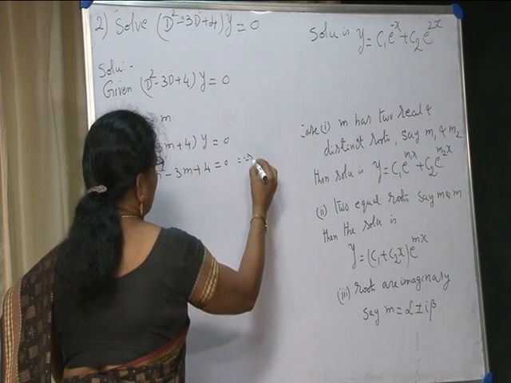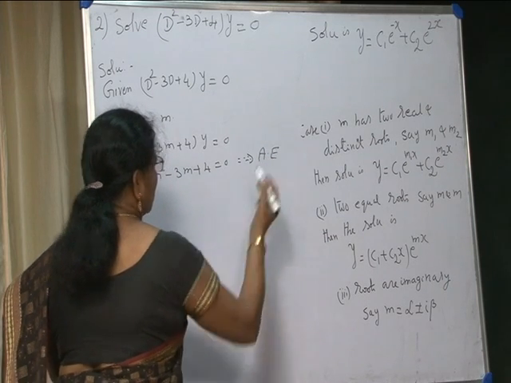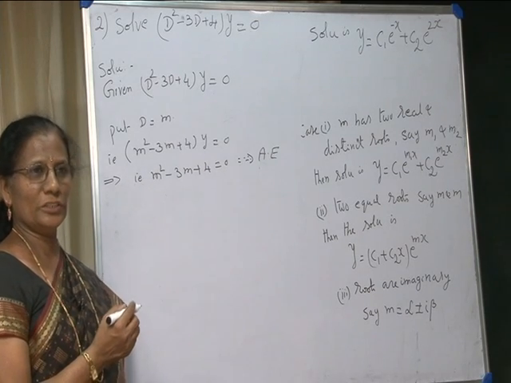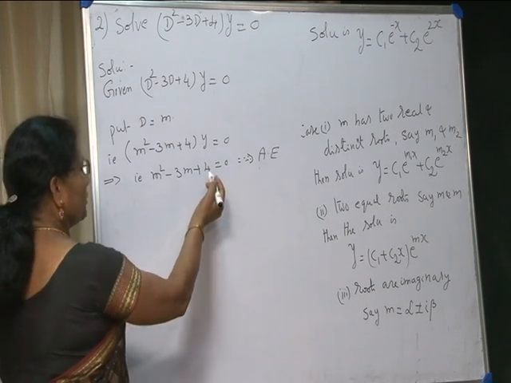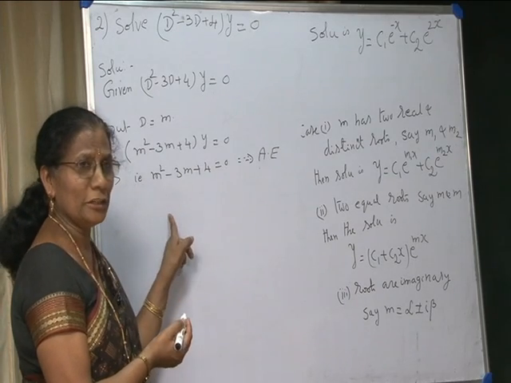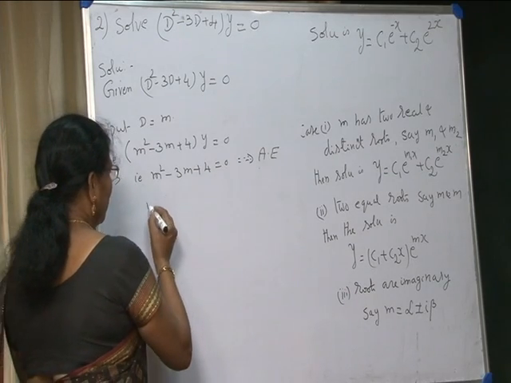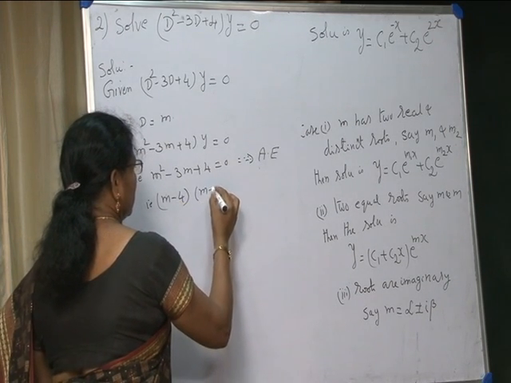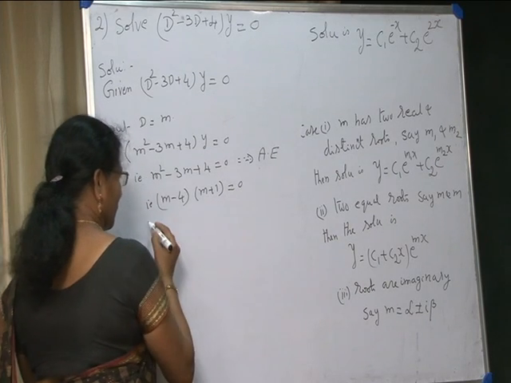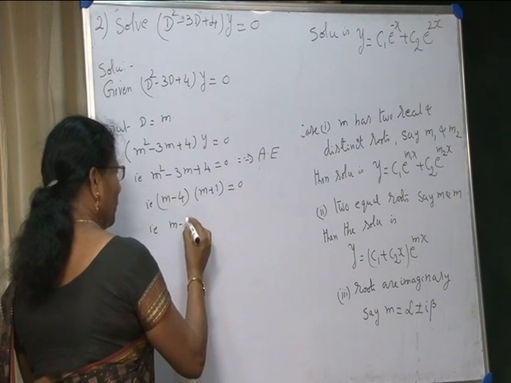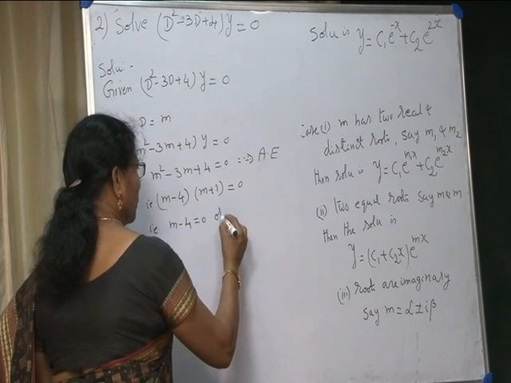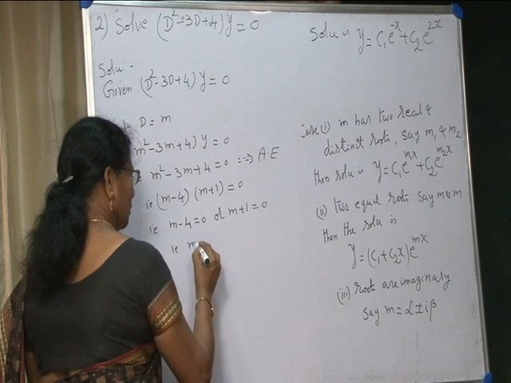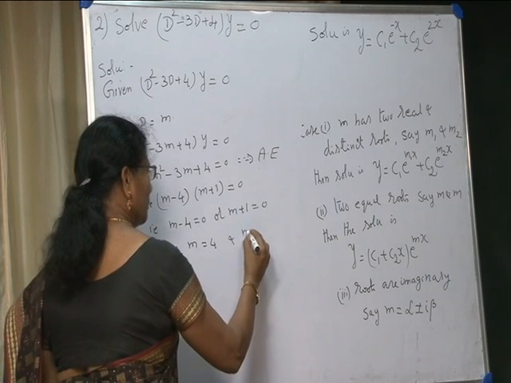This is called the auxiliary equation, and we know it very well, it is a quadratic equation in m. So, 4 is there, 4 ones are 4, minus 4 plus 1, that is minus 4 plus 1. That can be written as m minus 4 is equal to 0 or m plus 1 is equal to 0. m is equal to 4, m is equal to minus 1.